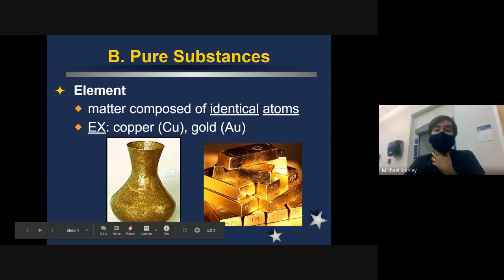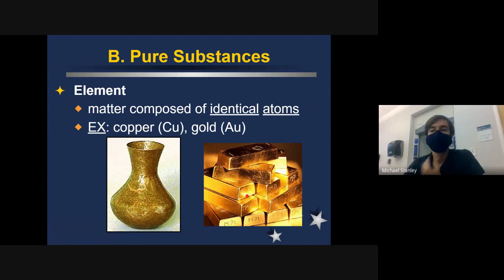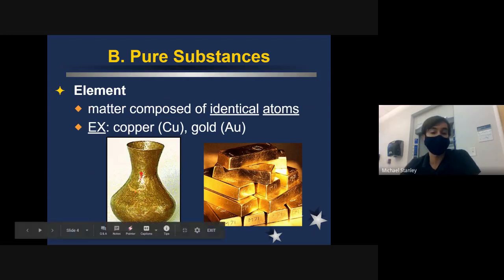It's all 100% gold. So since it's all the exact same type of particle, it is a pure substance. And since all of our particles are just single identical atoms, we can call it an element. So every single atom is the exact same. That's what gives us our element.